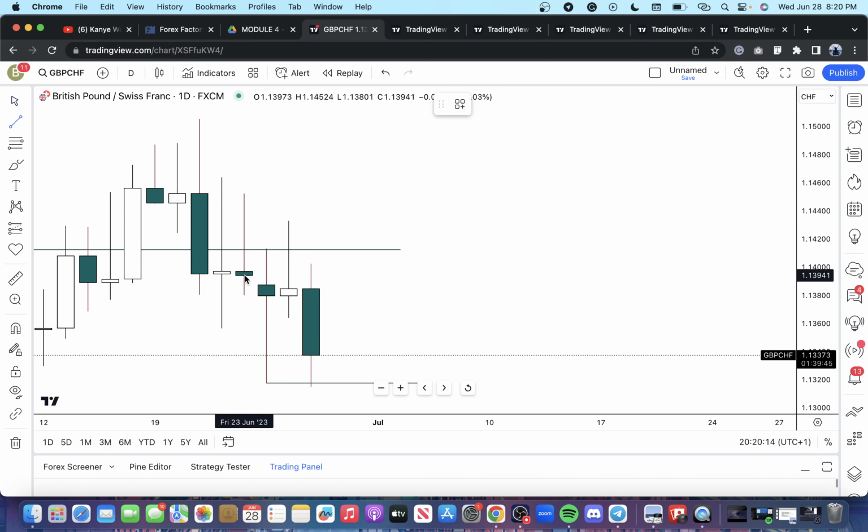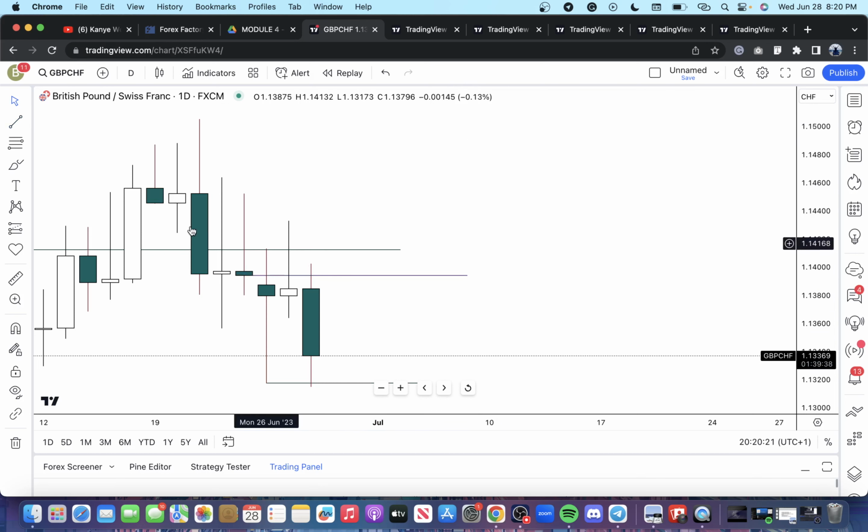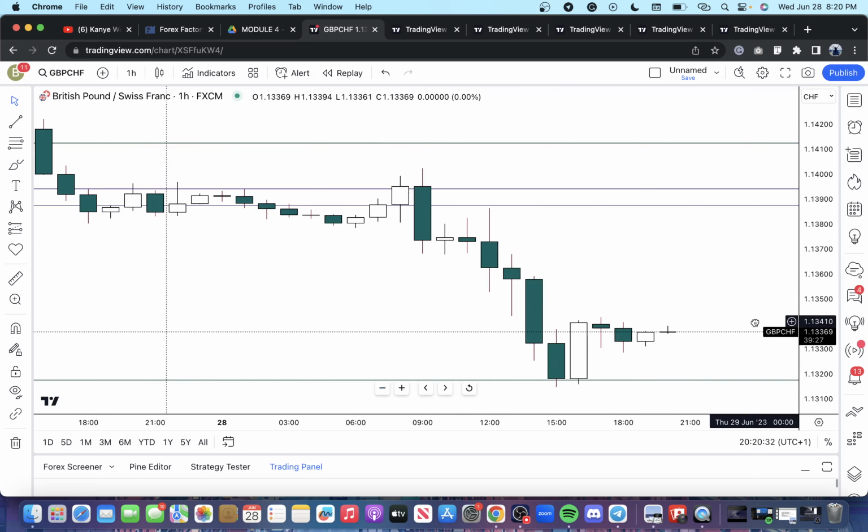That's our volume balance. So we're going to plot our volume balance, and we're going to use a purple line for inefficiencies in price. And that is the premium high of our volume balance, and this is the discount low of our volume balance there. And we're going to then take this down to a lower time frame.